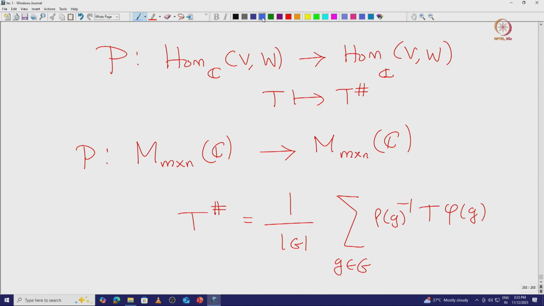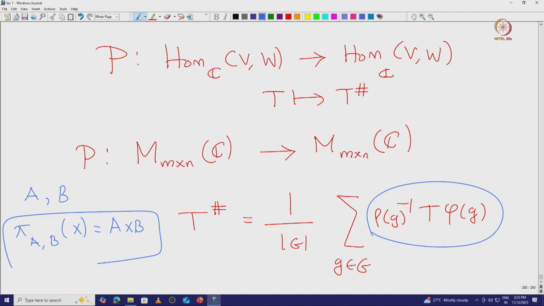So, given A and B, you have this function π_{A,B}, again defined from m by n matrices to m by n matrices as follows: you take the matrix X to A X B.